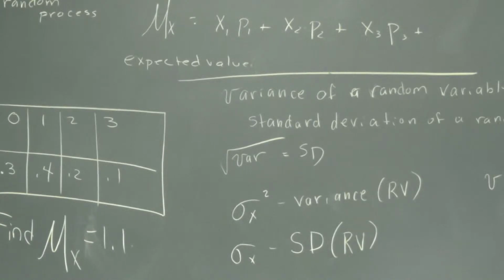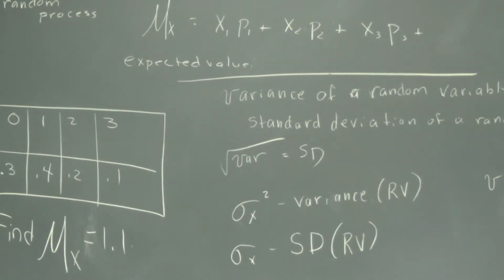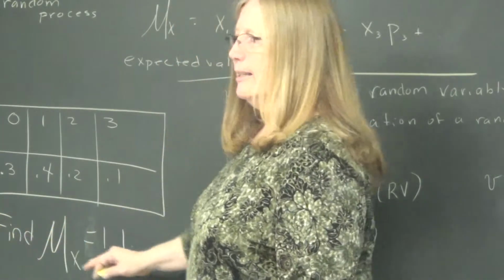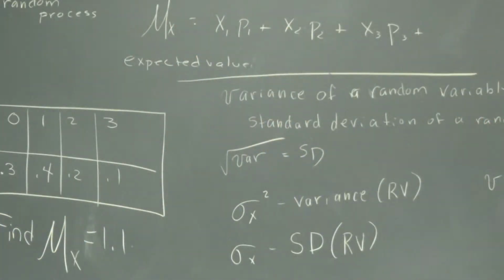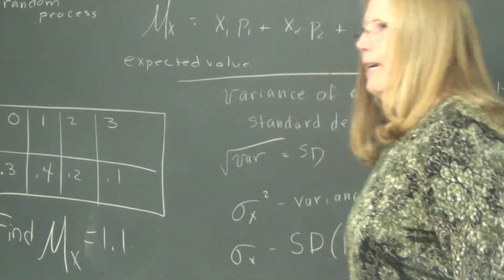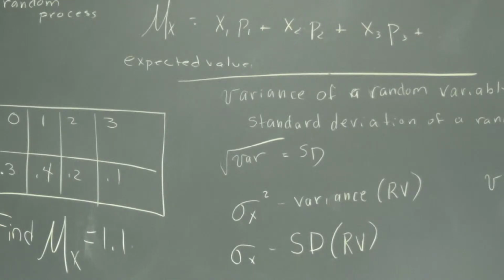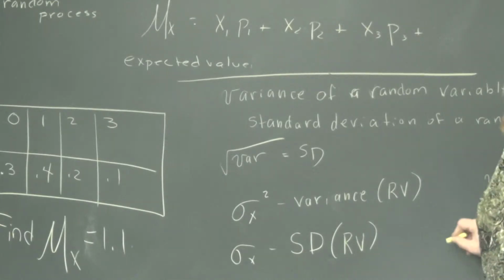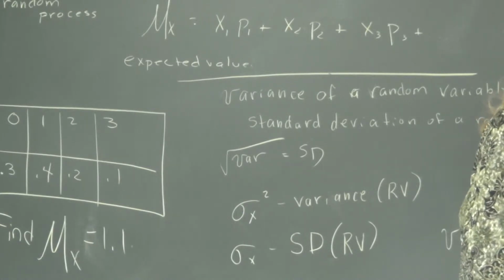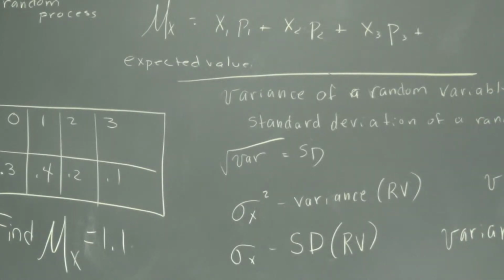All right, so go to Friday, a couple hours have gone by, we're calculating the variance for the cars sold in the first couple hours on a Friday. So can you use that formula with these numbers from this chart and this expected value to find the variance? Ignore me if you don't need help doing that.